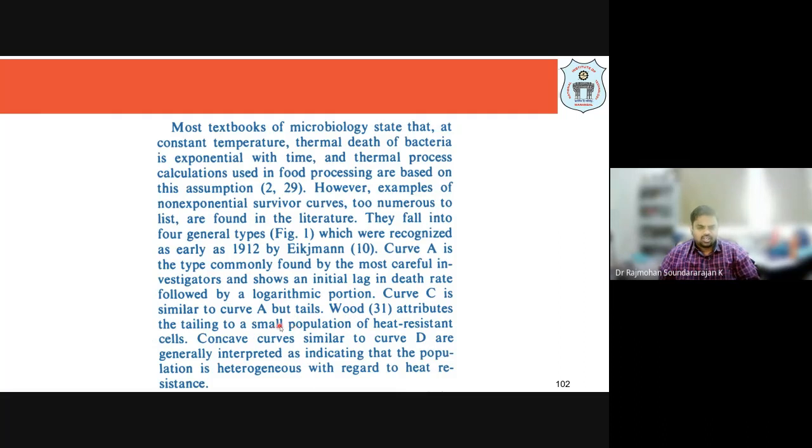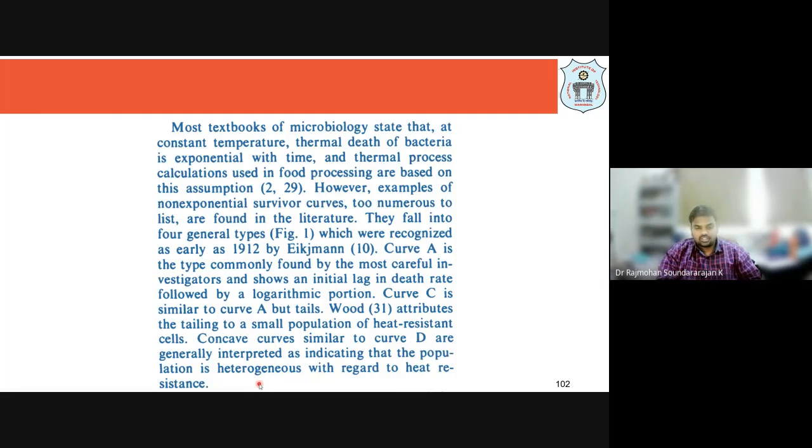As I told you, under these conditions there are certain microorganisms which survive and multiply, so some tail is there in the curve. Then we have a concave curve similar to curve D, which is generally interpreted as indicating that the population is heterogeneous with regard to heat resistance.